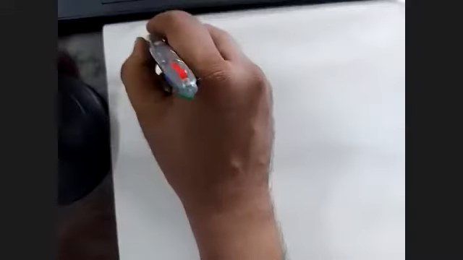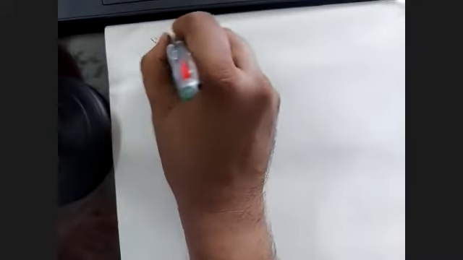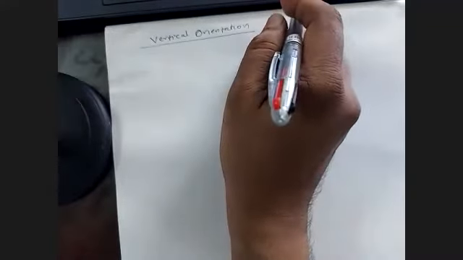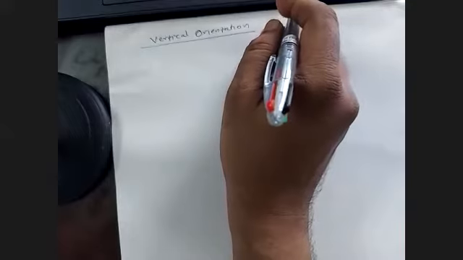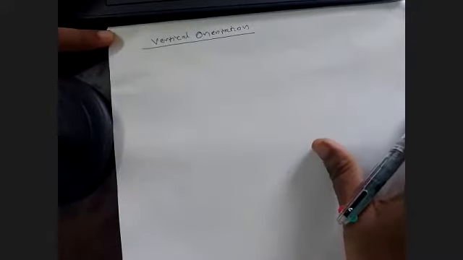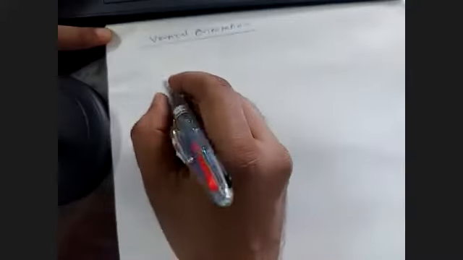Now let us see the vertical orientation. What I'm going to draw for you is a sagittal section. What we saw previously was a transverse section, and now we are seeing the sagittal section.